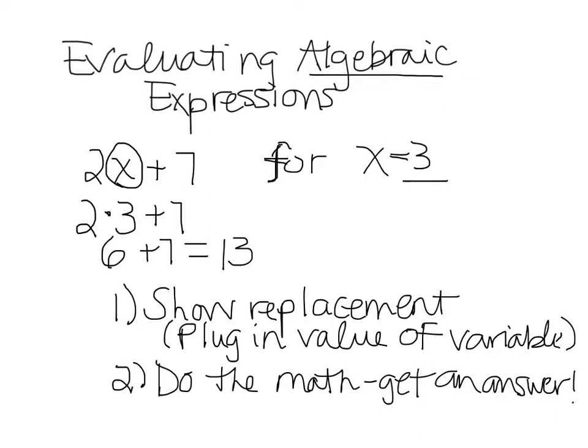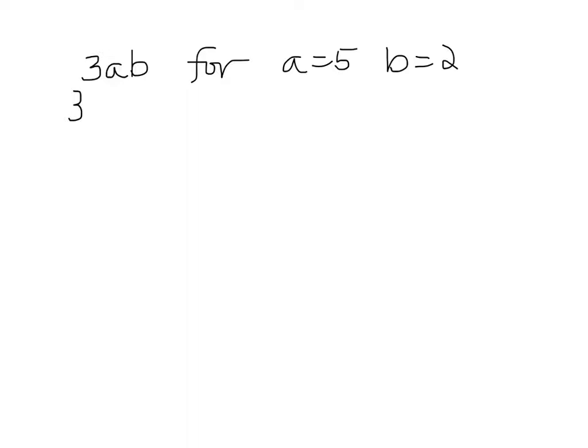It can be anything like 3ab for a equals 5 and b equals 2. I need to show replacement, and there are a lot of different ways. In algebra, when things are right next to each other, it means multiply. So there are some ways to show multiply.